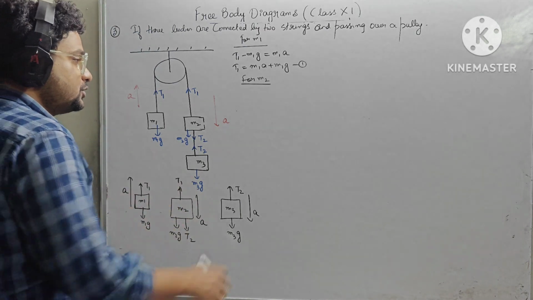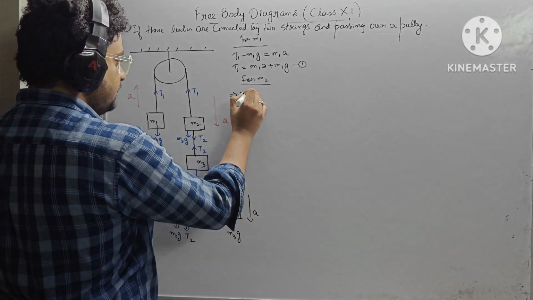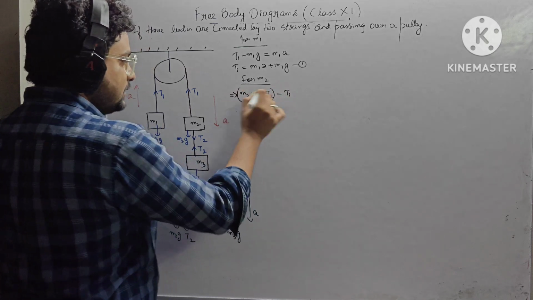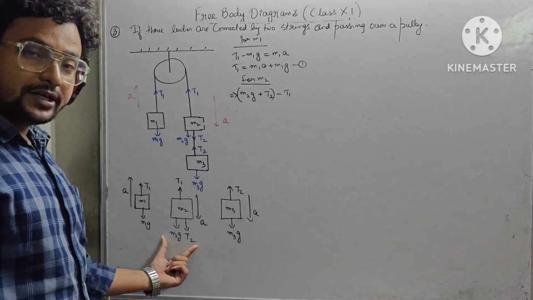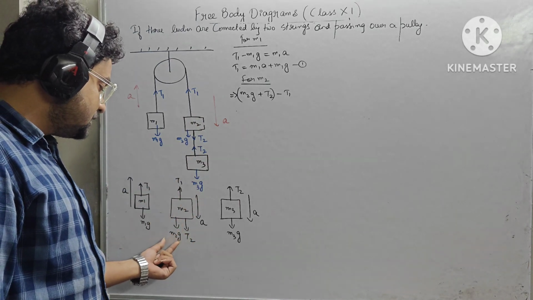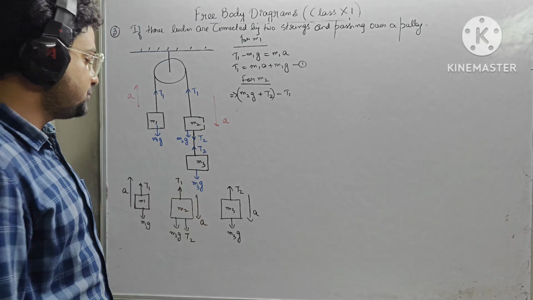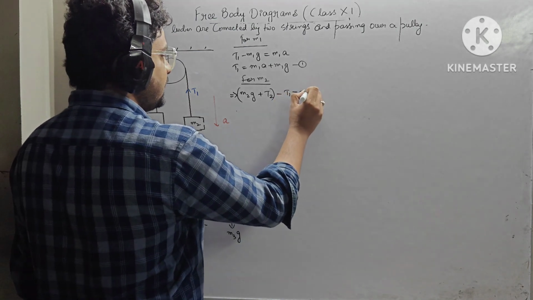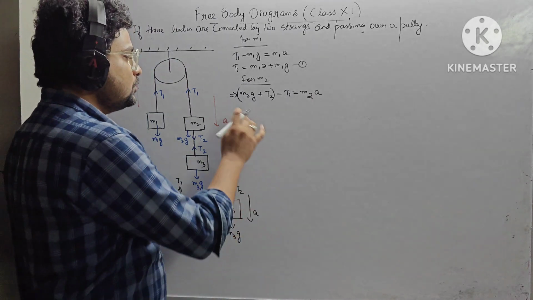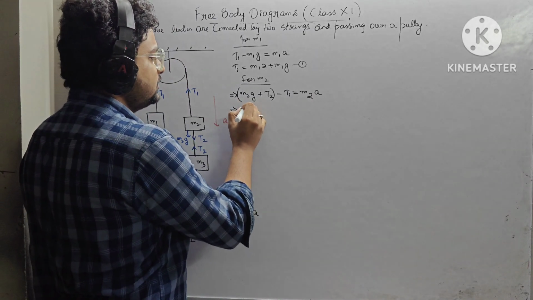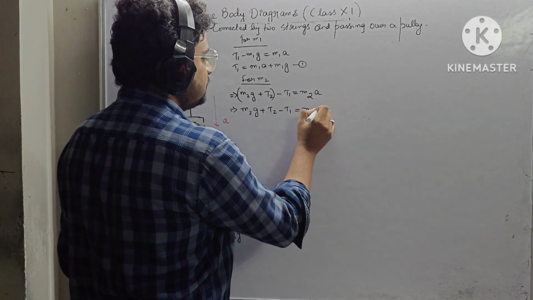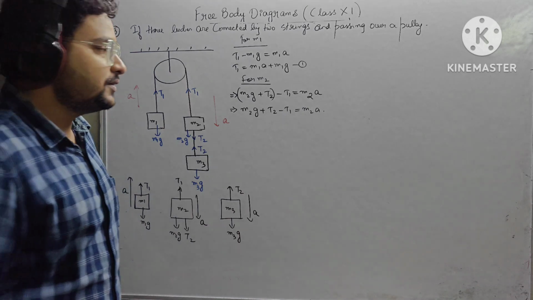So the resultant force is M2G plus T2 minus T1. This one has to be greater because this body is going down. So the resultant force is M2G plus T2 minus T1, that equals mass into acceleration. We can remove the bracket and write it this way: M2G plus T2 minus T1 equals M2A. Okay. So this is our second equation.